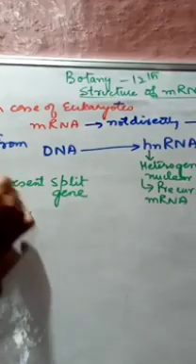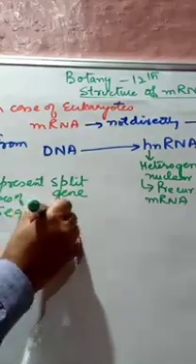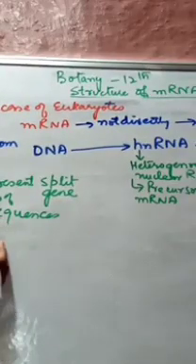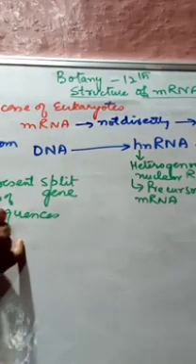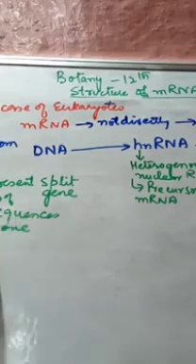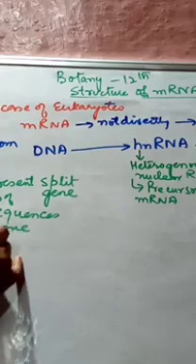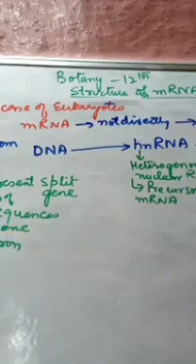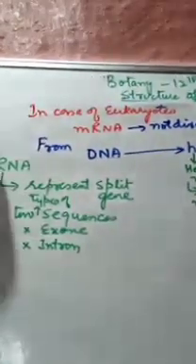One is called the exon, and the second one is called the intron. And one thing I forgot to mention here: the concept of hnRNA was given by Philip Sharp.